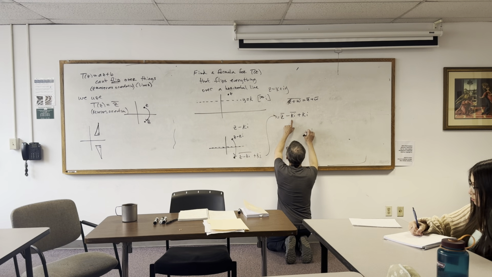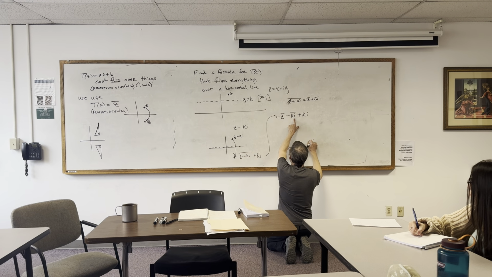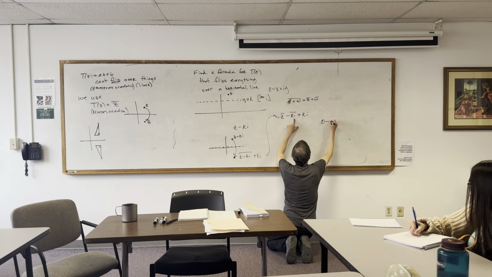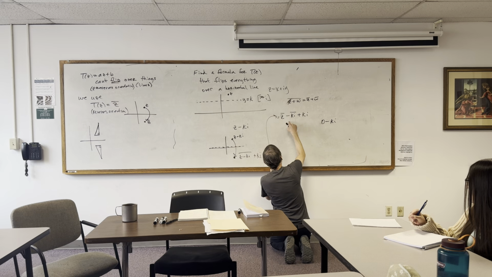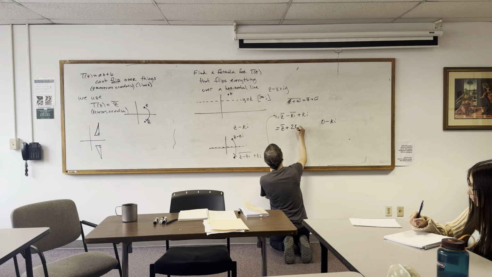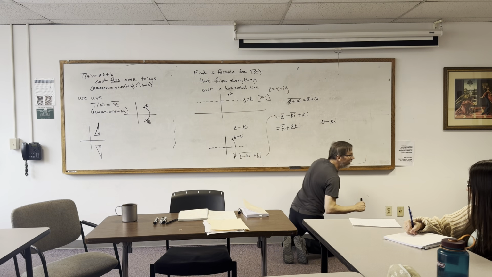What is the conjugate of ki? So if I had this number, 0 minus ki, what's the conjugate of that? 0 plus ki. So it turns that into a plus, and we get 2ki. And that's our transformation.